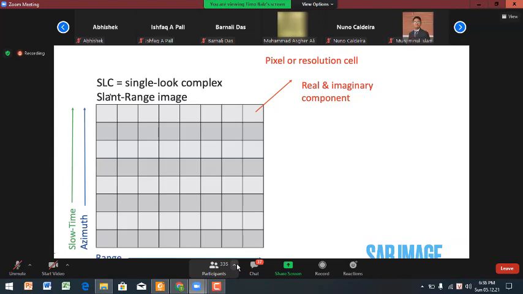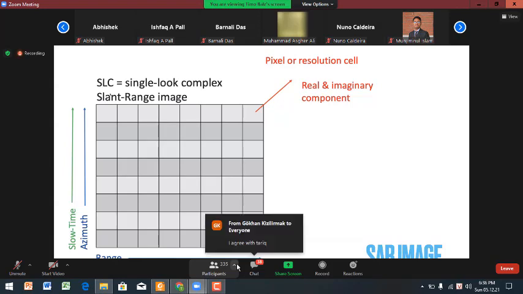If you get a SAR image, sometimes you get a whole bunch of different types that you can download or order. You may have the raw image, which I showed you on Friday, which you still need to focus. That's normally not what you want.